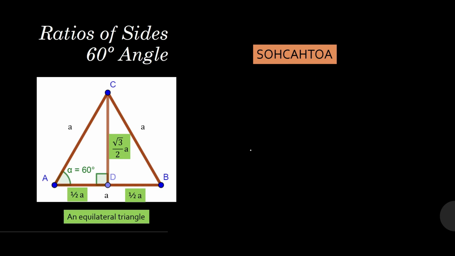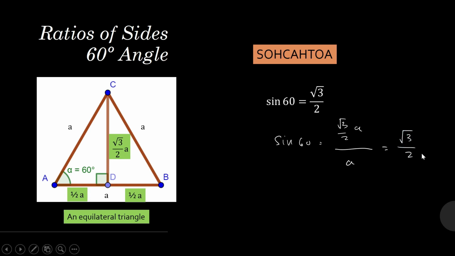So sine of 60 degrees is equal to the side opposite, square root of 3/2 times A, divided by the hypotenuse. A divided by A is 1, and so we are left with square root of 3/2. That is for sine of 60 degrees.